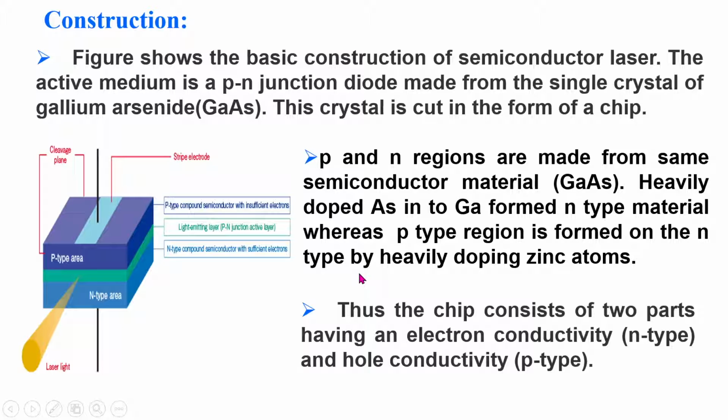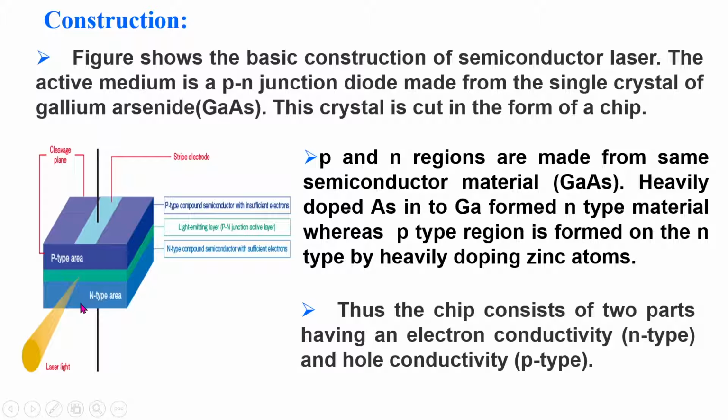So friends, initially during the fabrication, the gallium arsenide is cut into a single crystal which looks like simple chips, and by using these chips the N-type material is formed by heavily doping arsenide into the gallium.